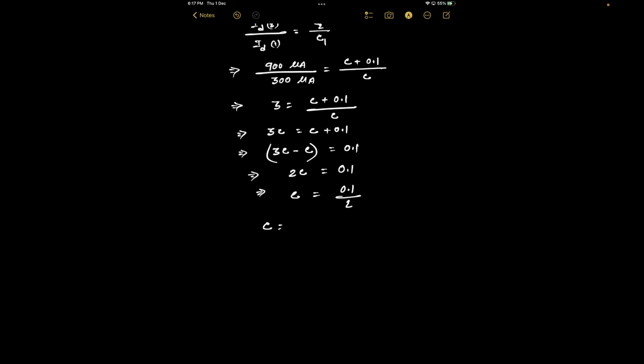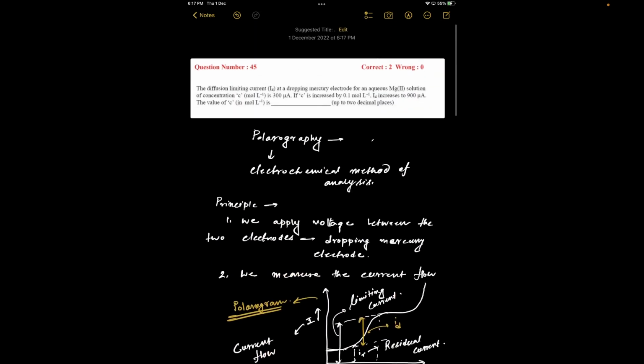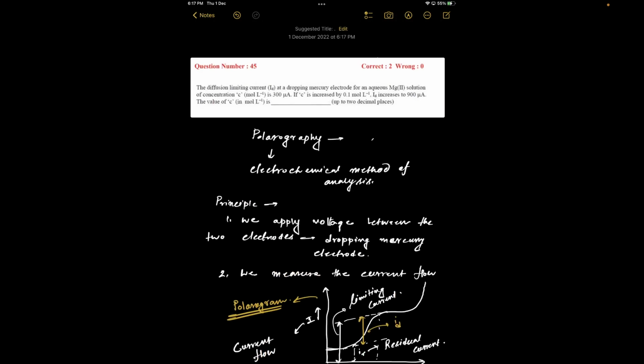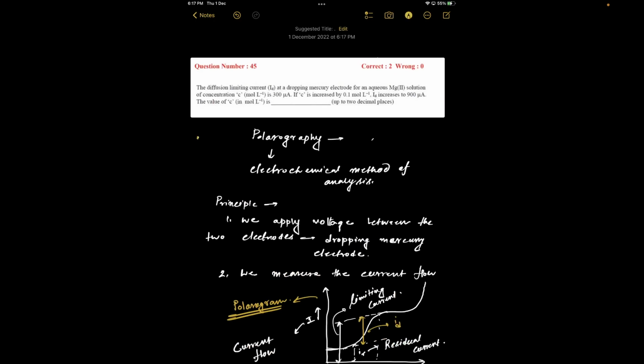So C will be 0.05 mole per liter. So the answer for this question, the value of C in mole per liter, will be 0.05.